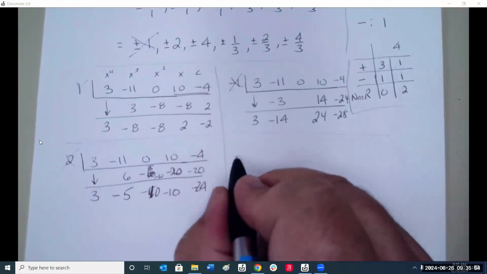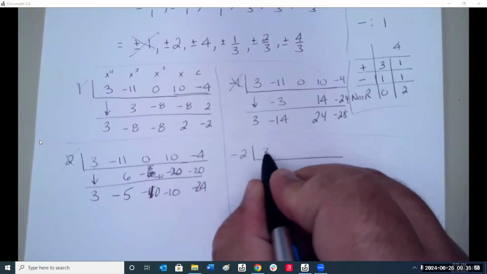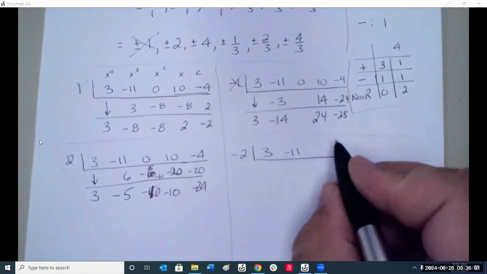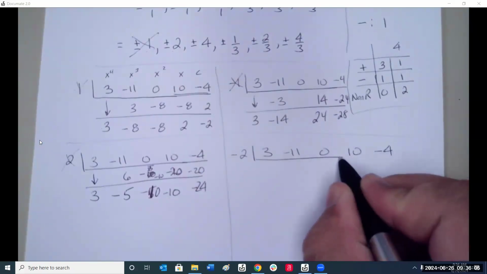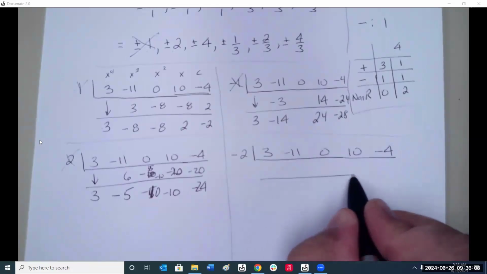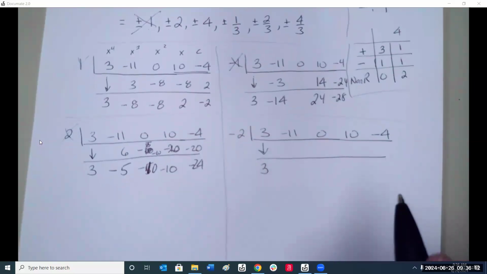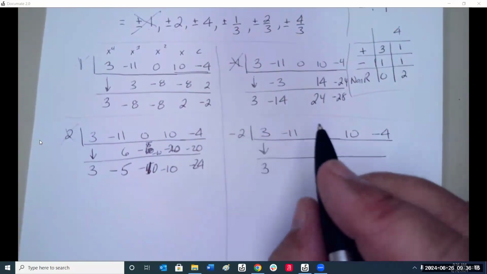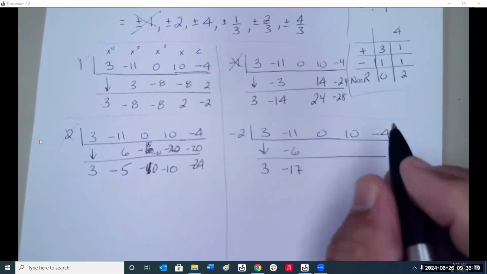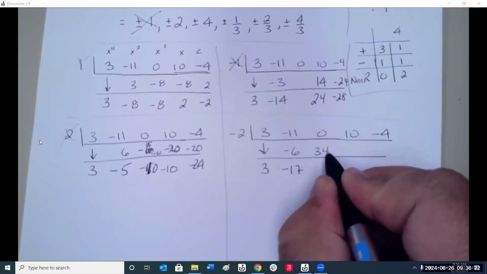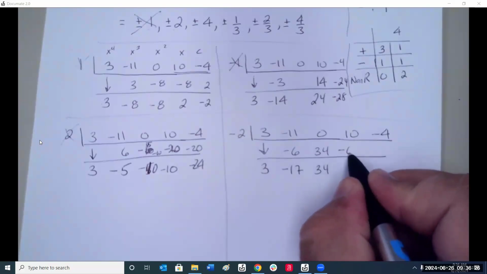So it's still not good. 3, -11, 0, 10, -4. -2 times 3 is -6, makes it -17, makes it 34, -68.